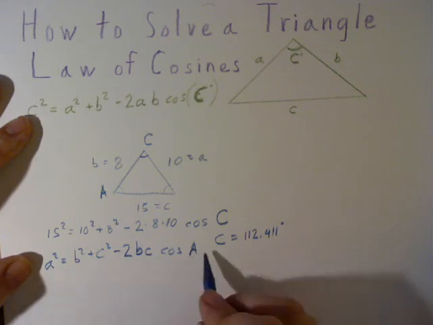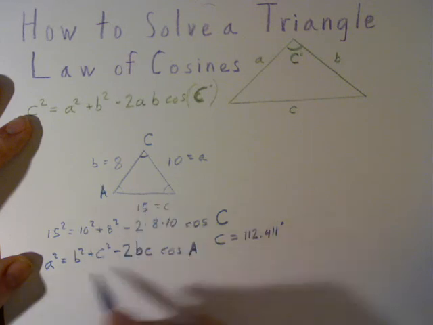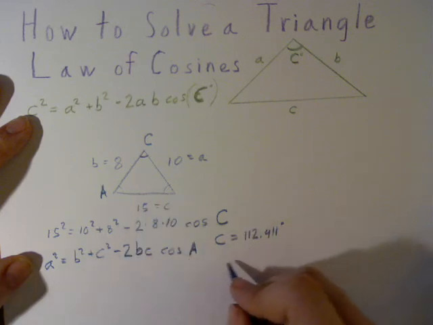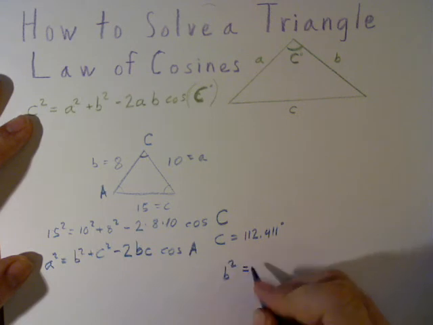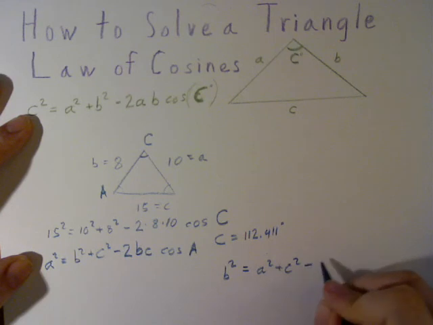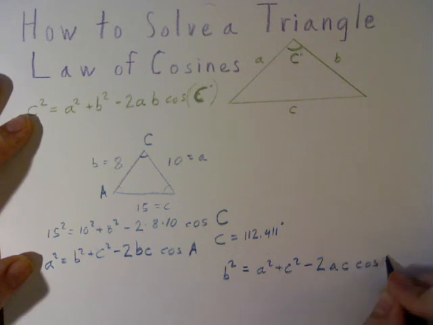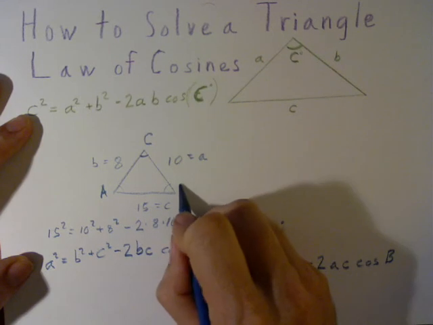Well, for clarity, let me write out the other way. We can also write out b squared equals a squared plus c squared minus 2ac cosine b.